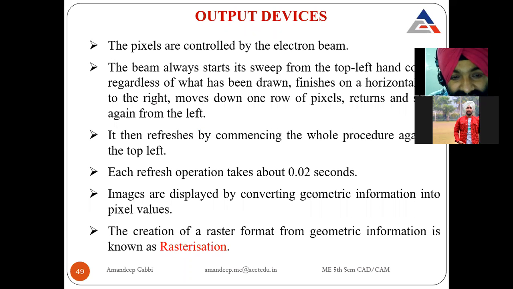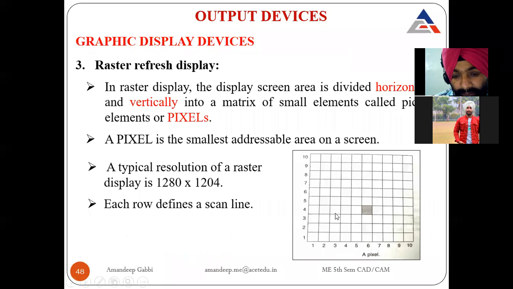The beam always starts its sweep from the top left hand corner, regardless of what has been drawn. The image will start from this end and move like this, then like this, and so on. Whatever the image may be, it will always start from the top left corner.